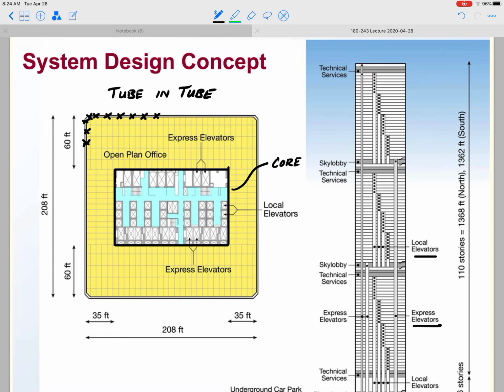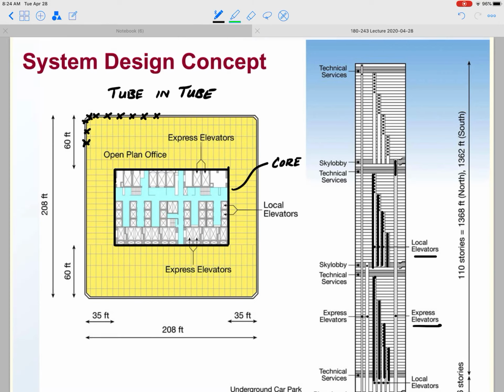If you look at the local elevators here, you can see they were stacked right on top of the local elevators below them. So those are local elevators, in the same tubes, but they only went for 1/3 of the structure.